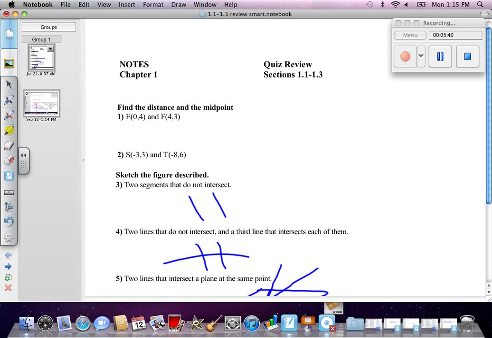Distance formula and the midpoint formula for 1 and 2. Should we do the midpoint formula first? Okay. X1, Y1, X2, Y2. So you say X1 plus X2 over 2, Y1 plus Y2 over 2. Am I going too fast again?